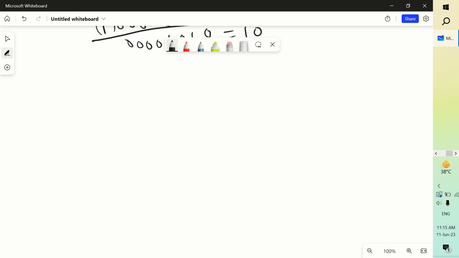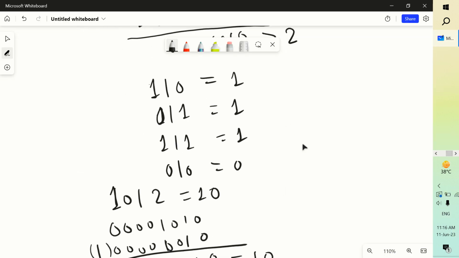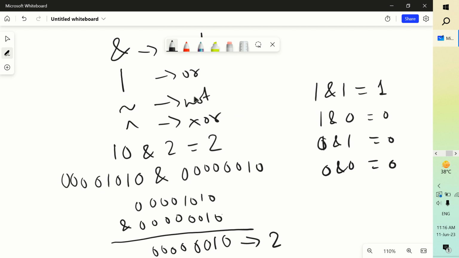So let's say I want to write... Before explaining the bitwise NOT operator or bitwise complement operator, this NOT operator is also called the complement.